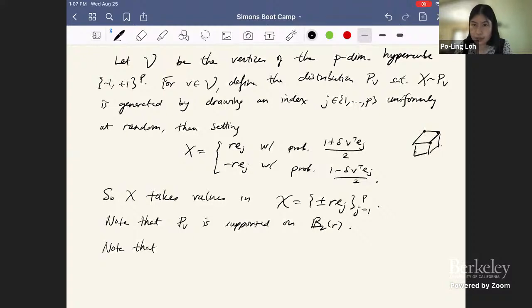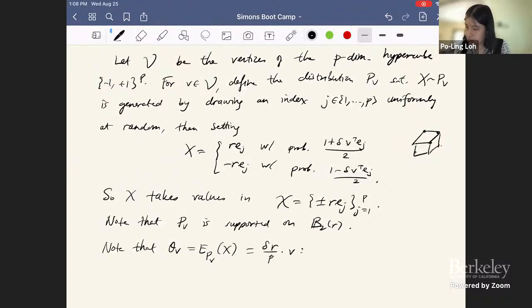So the first thing to note is that expectation under P_v of x... okay, so if we wanted to look at just the jth... hang on, sorry, it's not what I meant to say. So note that theta_v, which is the parameter that corresponds to the mean of the distribution, is equal to delta r over p times v.